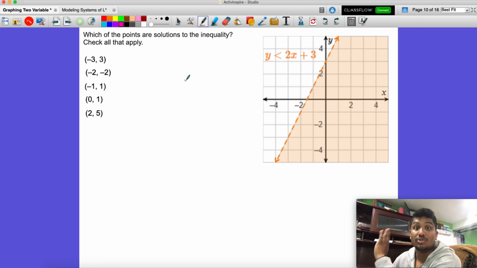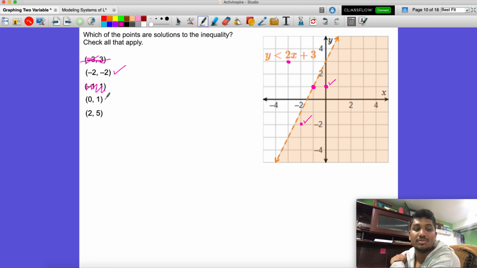Check all that applies. So you should actually pause this and try to figure this out and then check with the answers. So let's see, -3, comma 3. Look where that is, unshaded. This is definitely no. Okay, -2, -2. Yes, that's good. -1, 1. They try to trick you. That's not one. 0, comma 1.